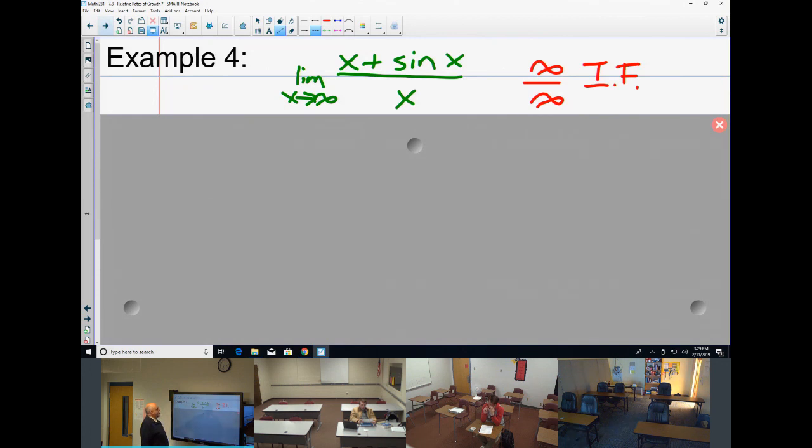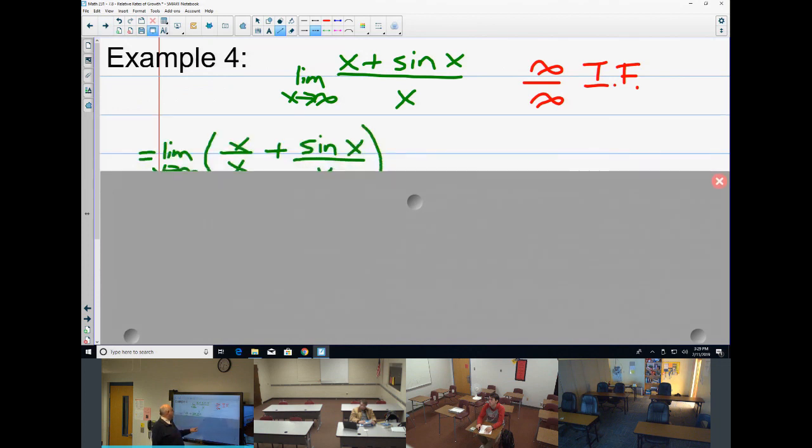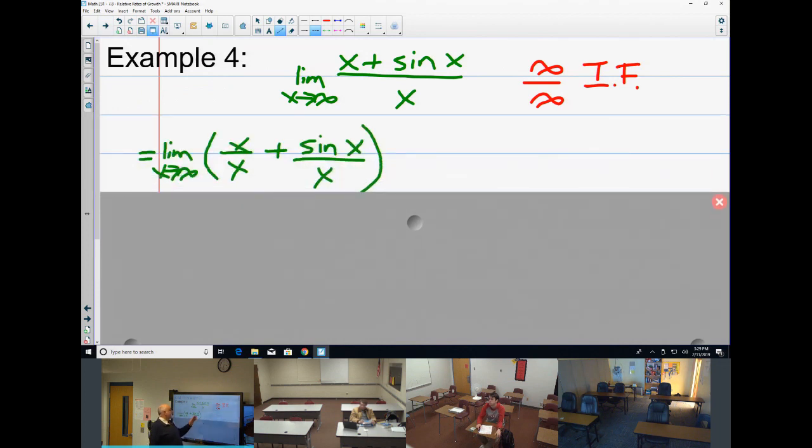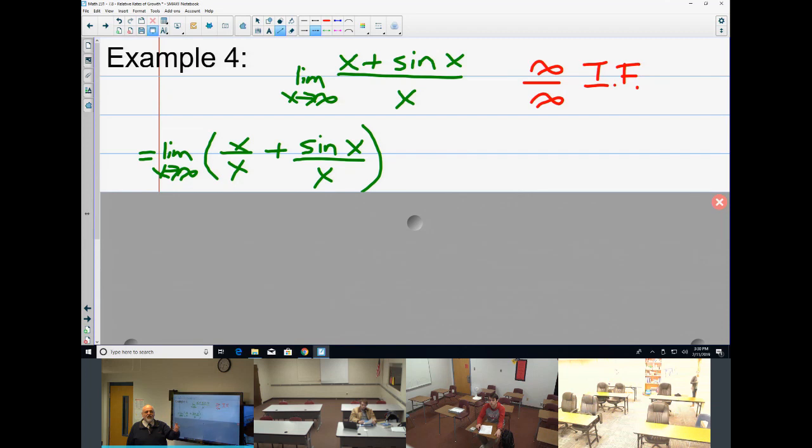All right? So if I'm comparing x plus sine x and x, I plug in infinity and I get infinity over infinity. So use L'Hopital's rule. Oh, no, I didn't use L'Hopital's rule. I split the fraction, because sine and cosine bounce around from 1 to -1, so it's kind of hard to say what number it's approaching.